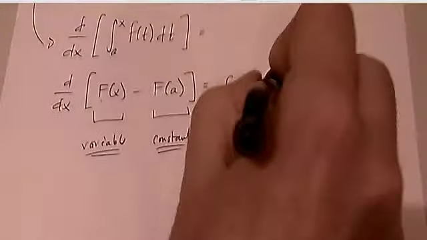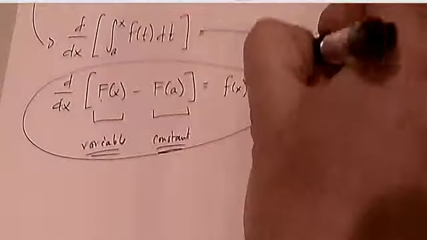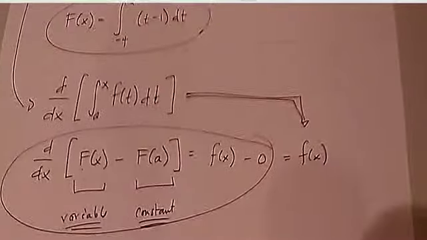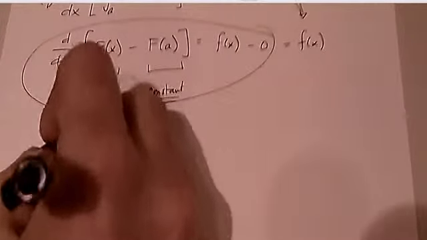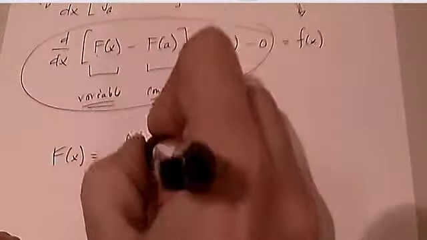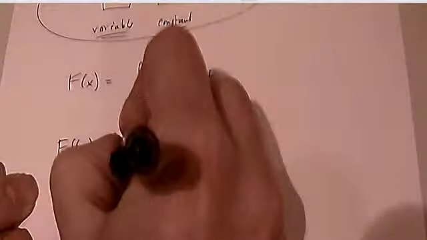But basically, once we've seen this a couple of times, we go straight from here to here, okay? For instance, in the example I just gave you, if f of x is the integral from negative 4 to x of t minus 1 dt, and I want f prime of x, which of course is just small f of x, it winds up being x minus 1.